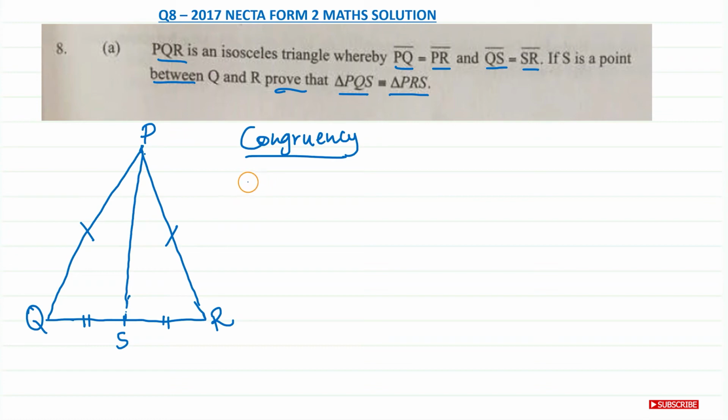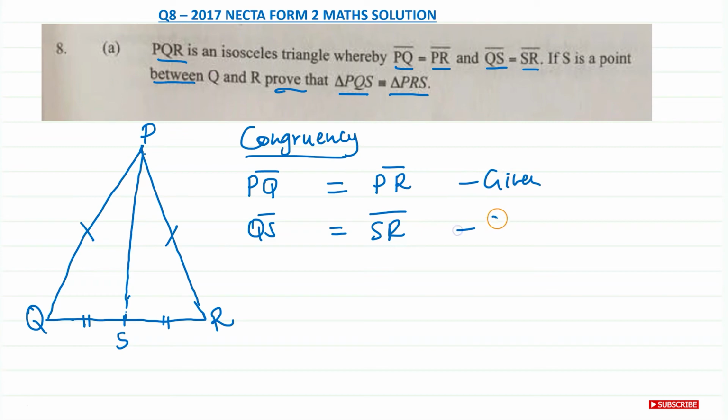Right, so let's start. We're told line PQ is equal to line PR, and then line QS is equal to line SR, and these are given.